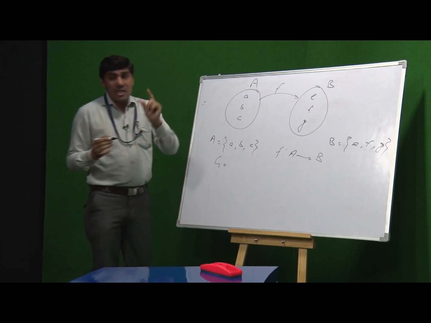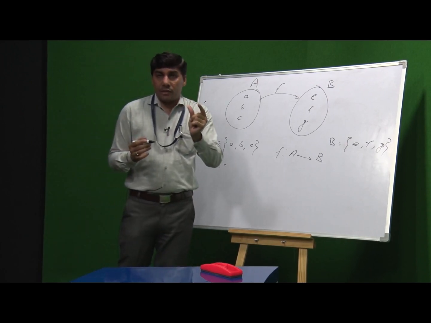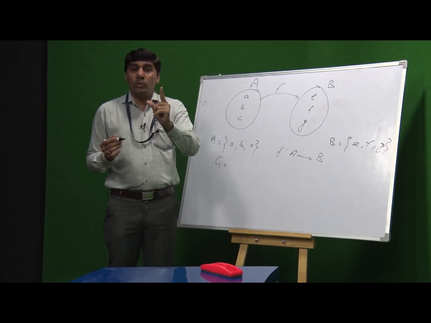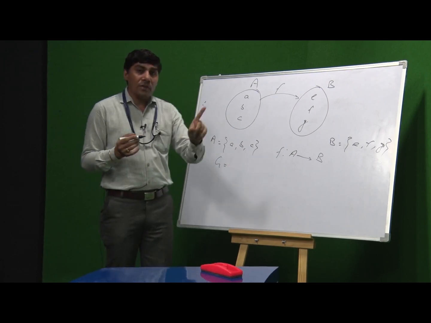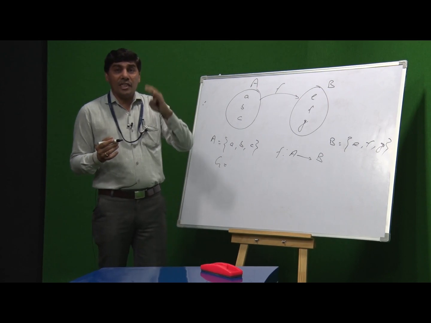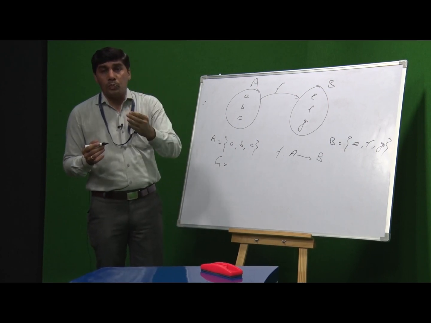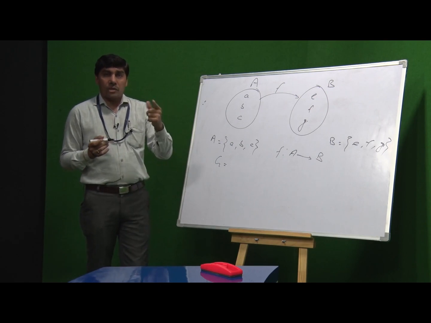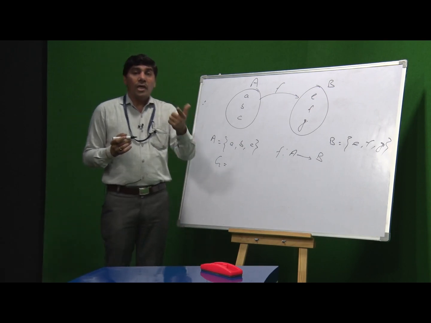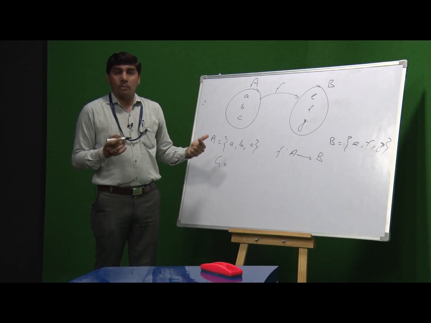G is a group. G is a non-empty set. It is mandatory for a group that it must be non-empty. G is a non-empty set, and G is said to be a group with binary operation star, star is the notation, if it satisfies the following properties.